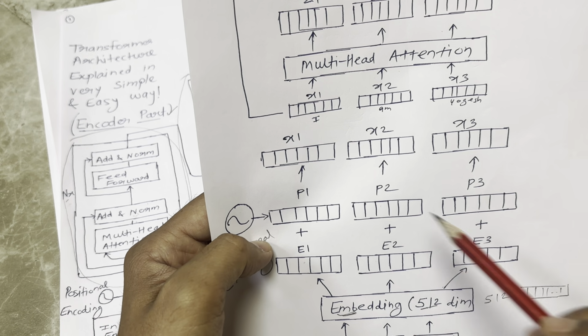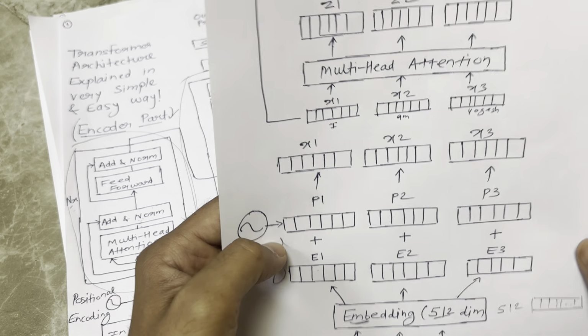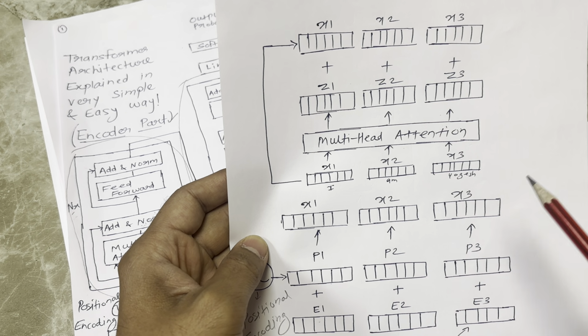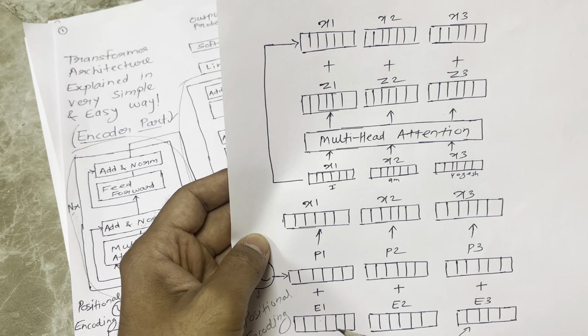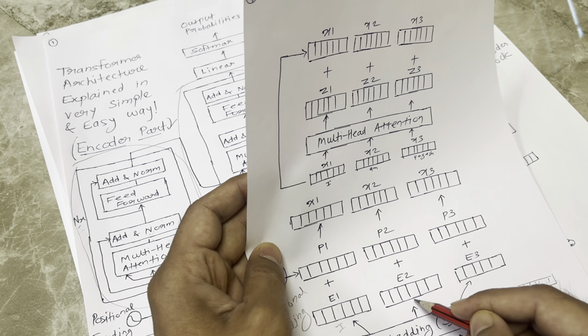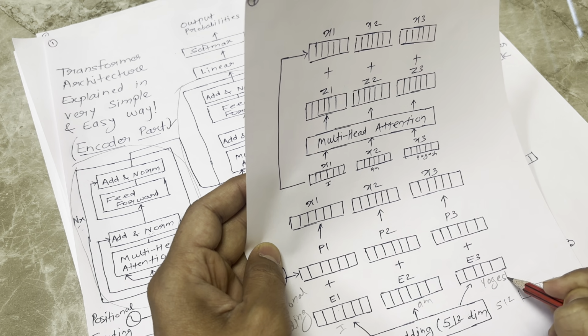After all these addition operations, we get 3 new vectors. As you can see, I mentioned here x1, x2, x3. x1 is what? It's the embedding of I. This is for I, this is for am, and this is for Yogesh. These are the embeddings.